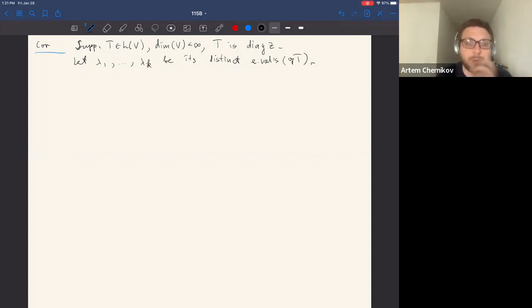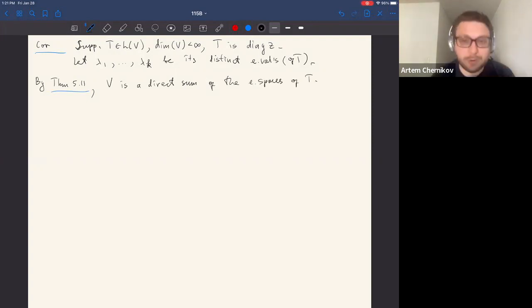Okay, so we already know that the whole space is then the direct sum of the eigenspaces, right? This was something we proved in the previous lecture. So by theorem 511, proved in the last lecture, we have that V is a direct sum of the eigenspaces of T. So we know this holds when it's diagonalizable.